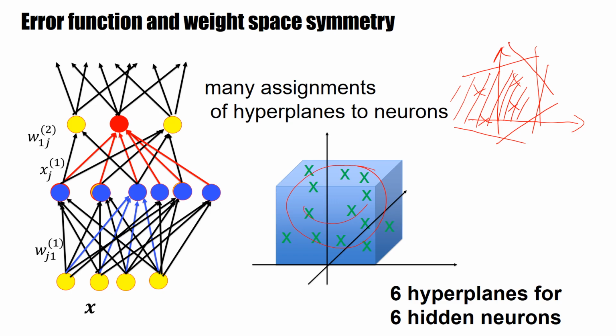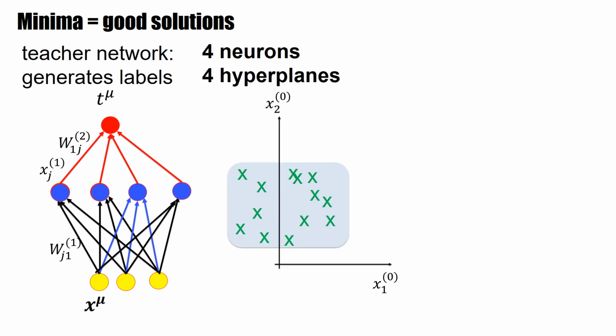So with 6 hyperplanes representing the 6 hidden neurons, I have 6 factorial combinations to delimit the same space. So it's really the number of hidden neurons in a hidden layer that determines the number of permutations, and with 6 hidden neurons I have 6 factorial permutations.